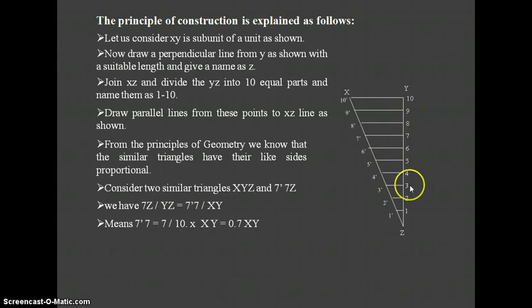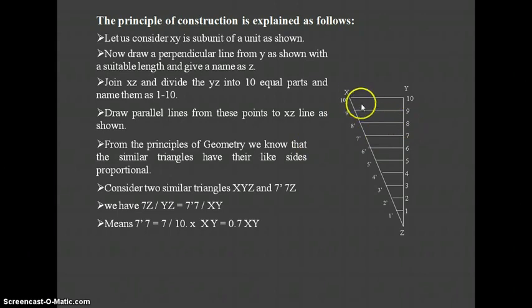So we get 7 by 10 into XY, which finally equals 0.7 into XY. So 7'7 equals 0.7 into XY.